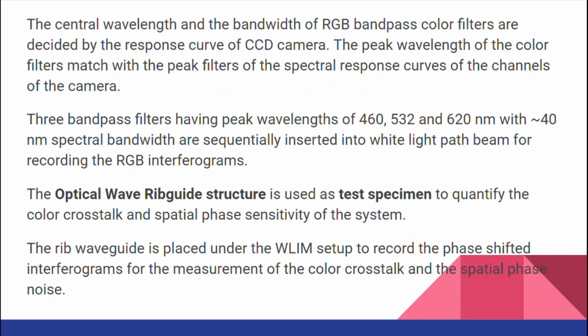Now, the interference of each channel of the CCD camera with white light gives us the spectral response curve corresponding to each channel. Thus, we can determine the RGB interferograms separately and analyze them. After analysis of each channel, we can see the overlap of other colors in the individual color channels. This is very helpful, since in color fringe projection, in order to do the analysis, we separate the deformations corresponding to each color pixel.